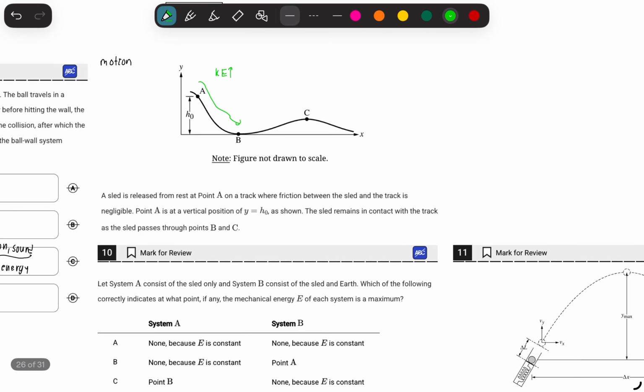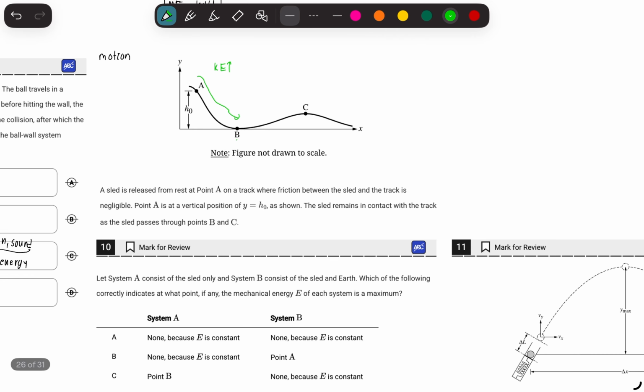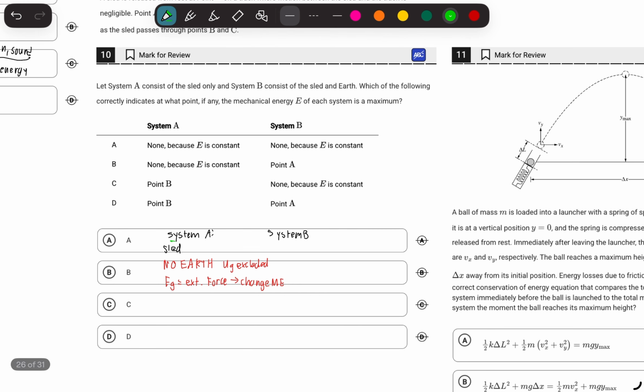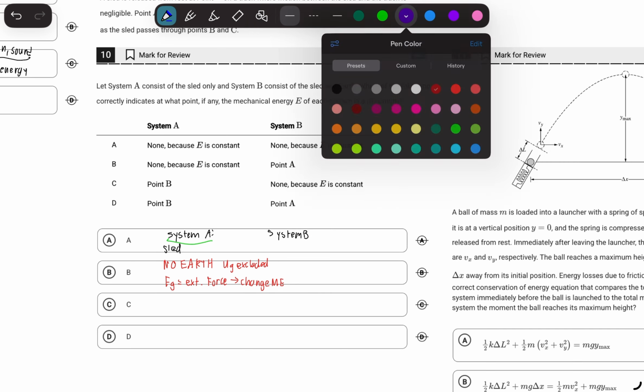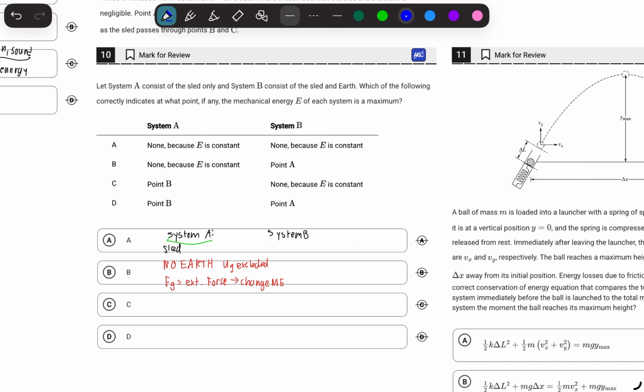So you have maximum energy at point B. Kinetic energy max. This is for system A. Now, what about system B?